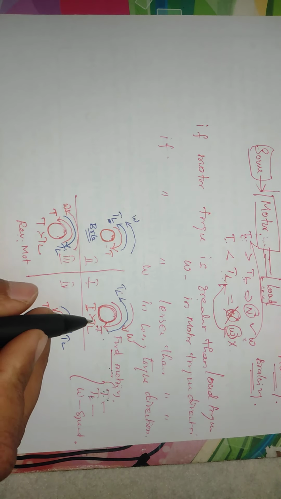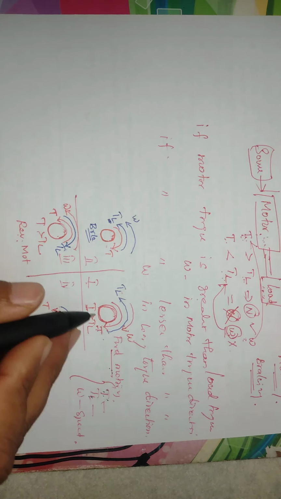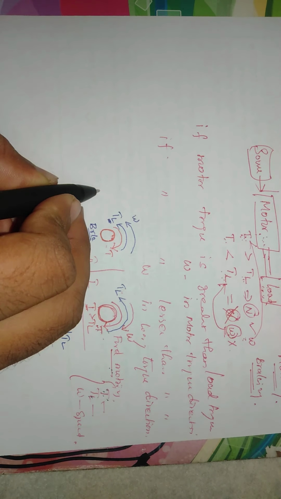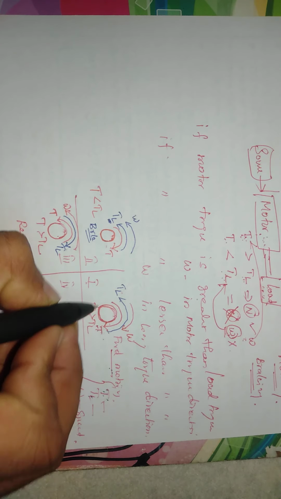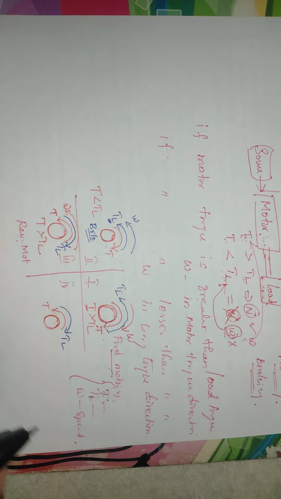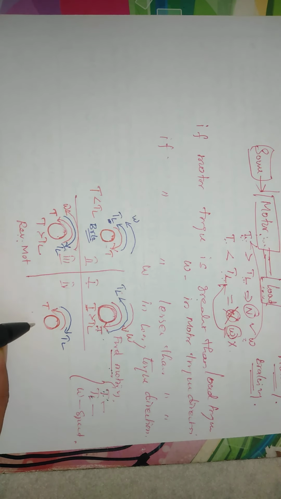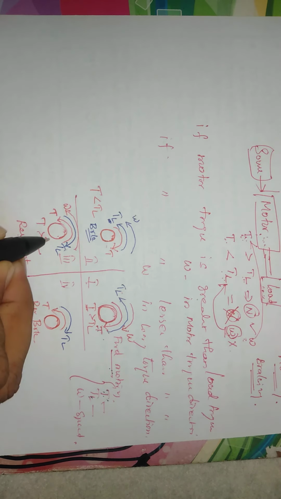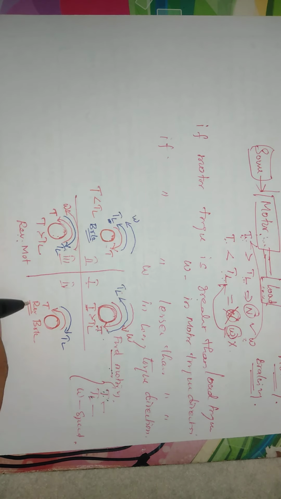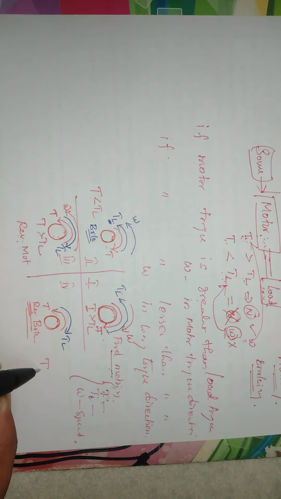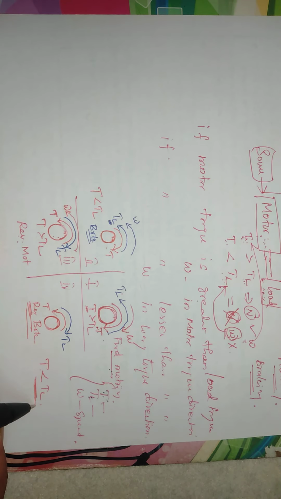Here load torque is higher, that's why braking is there. If the motor torque is higher, motoring is there. Reverse braking means reverse direction of rotation, and braking means T should be less than TL, that is TL is higher.